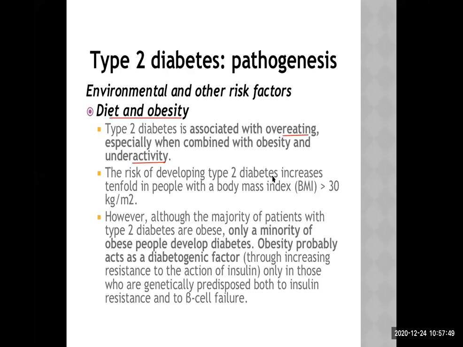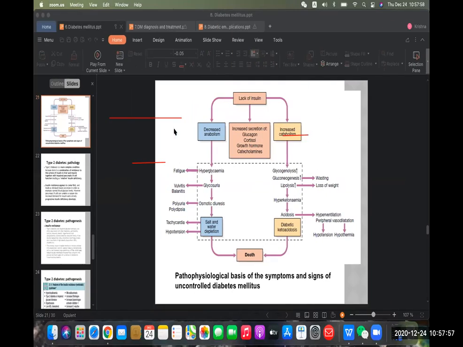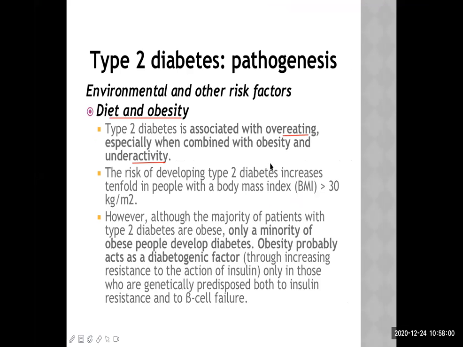We all know an obese person has a high chance of developing type 2 diabetes. You have been hearing this for a long time, and this is the connection between them. These obese people overeat all the time, and they are relatively underactive also. They don't want to indulge in physical activity. All of these things combined lead to type 2 diabetes.